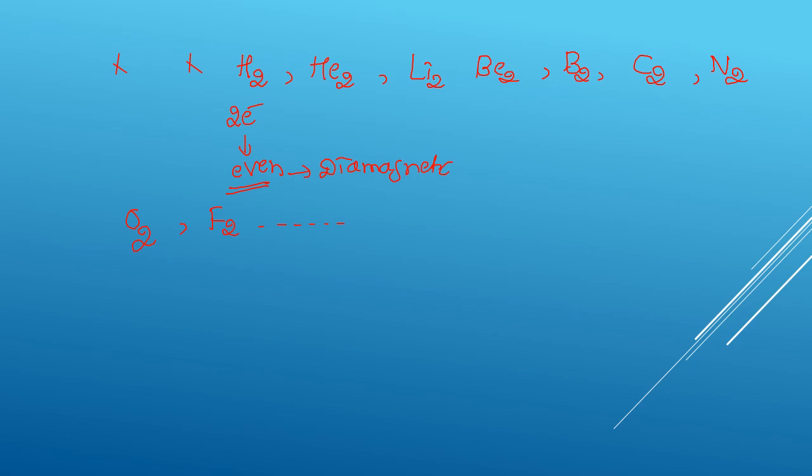One exception is there. To summarize: if the total number of electrons is an even number, the molecule is diamagnetic. If the total number of electrons is odd, then the given molecule is paramagnetic.